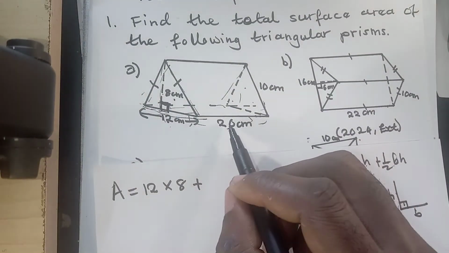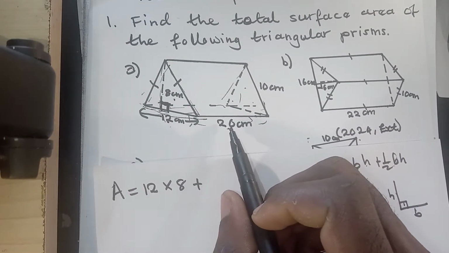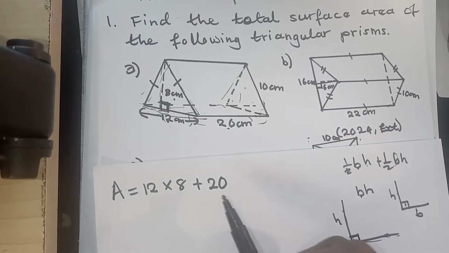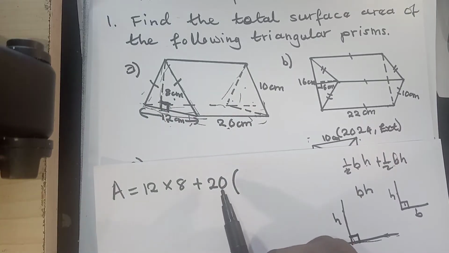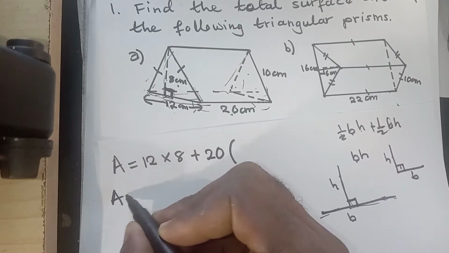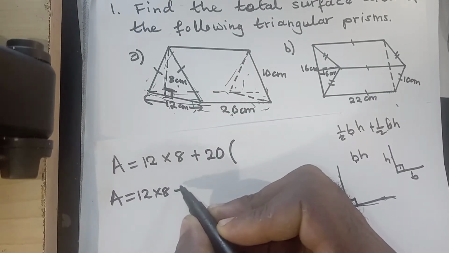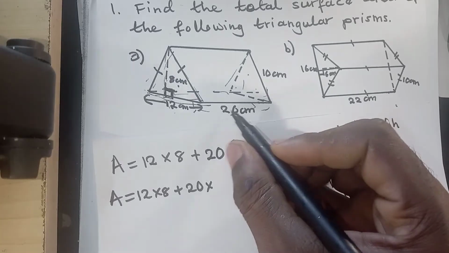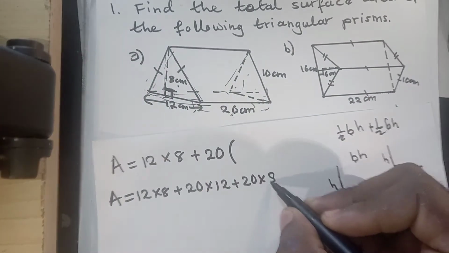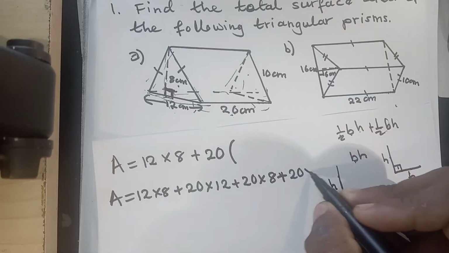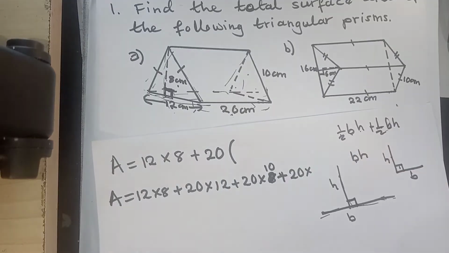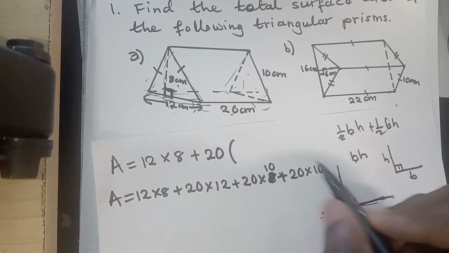So now, since we are using 20 three times, we can just write it like this. I'll explain why at the end, but technically speaking, I've just factored the 20 out. Or maybe let me do this. So we say 12 times 8 plus 20 multiplied by 12 plus 20 multiplied by 8 plus 20 multiplied by, not 8, 10, and then 20 multiplied by another 10.